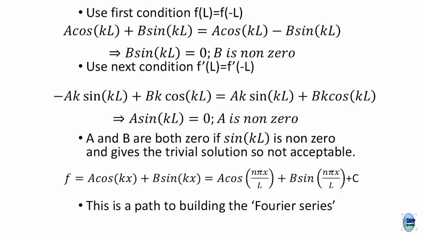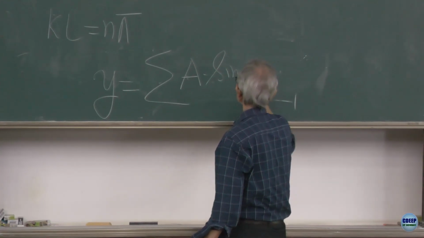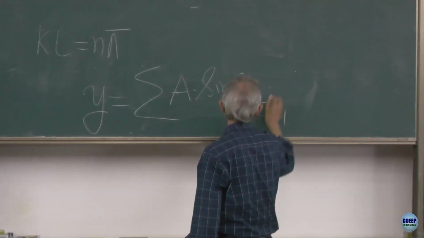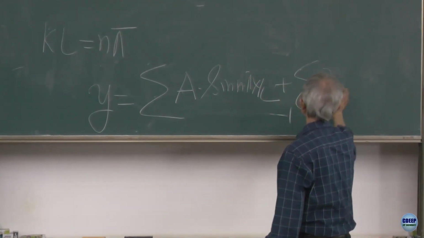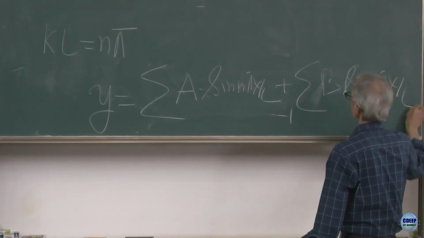If my eigenfunctions are all orthogonal, then we can clearly now say that y, where y is any function now, doesn't matter what it is, is summation of a sine n pi x by L plus b cos n pi x by L.